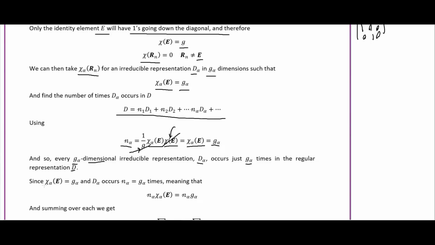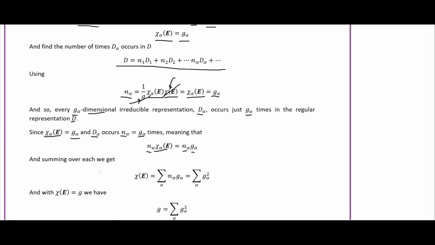And so since we just showed that the character of that identity in the alpha irreducible representation is equal to g alpha, and a d alpha occurs n alpha equals g alpha times, that means that n alpha times the character is equal to n alpha times g alpha.